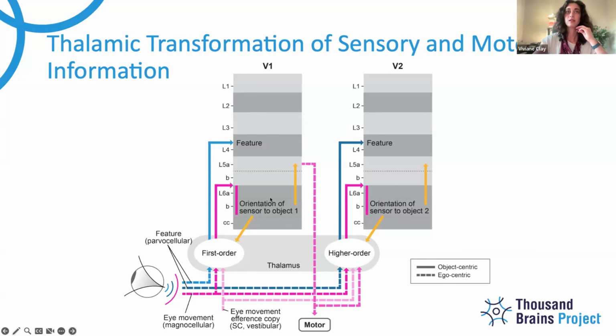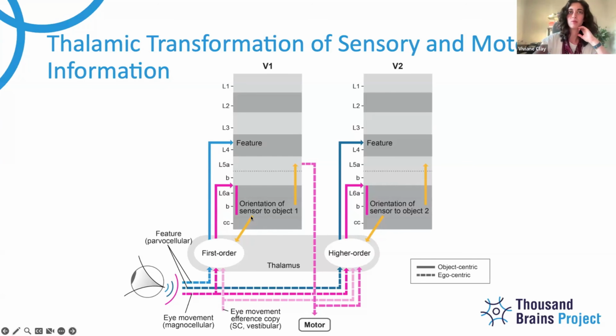All the information that enters the column will be relative to an object, the object that's currently represented by that column. And in order to do this, we need to inform the thalamus of how to rotate the incoming information to go from egocentric to object-centric format.